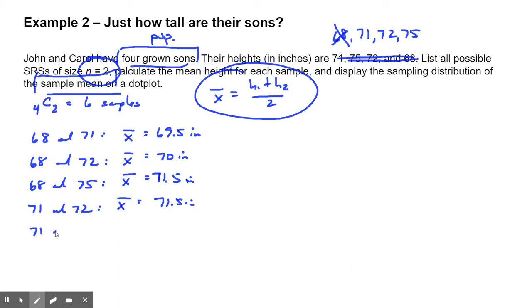Then I'll do 71 and 75. So 71 plus 75 divided by 2 is 73 inches. And then that's done with the 71, and now we'll do 72 and 75. So X bar is 72 plus 75 divided by 2, which is 73.5 inches.